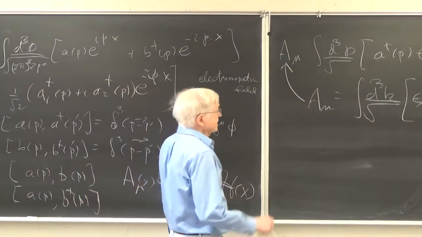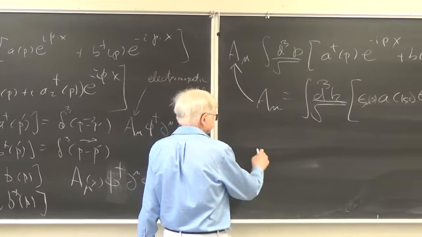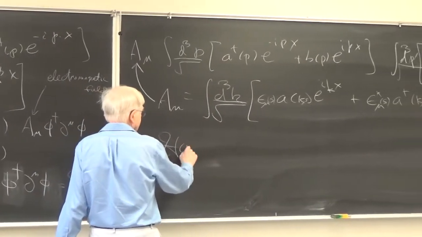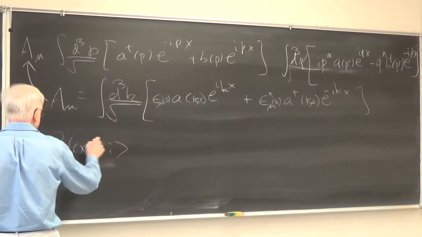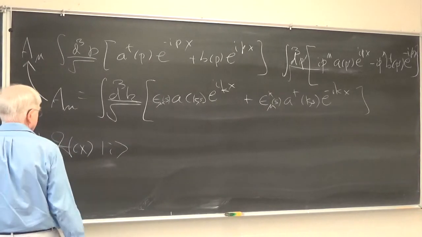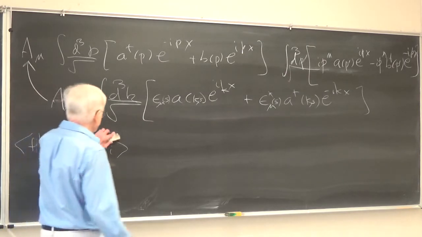So, in particular, if you have simply H of x occurring between some initial state and some final state, that's not actually going to cut it because you're not going to conserve Lorentz, conserve four-momentum.